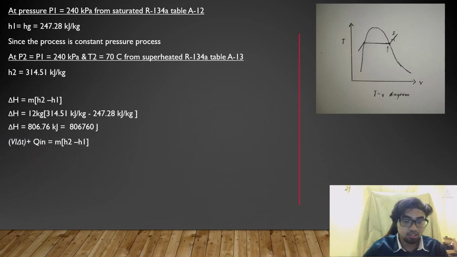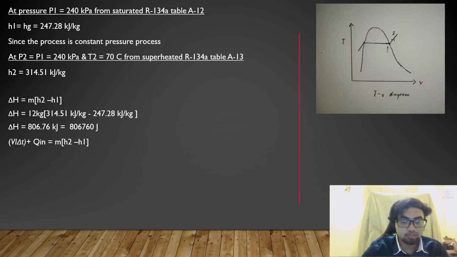And then lastly, we substitute all into the previous equation that we got. Voltage multiplied by current multiplied by delta t plus Q in equal to m times H2 minus H1, which we got as 806.76 kilojoule. But for the enthalpy, we must change it from kilojoule to joule, which is 806,760 joule.